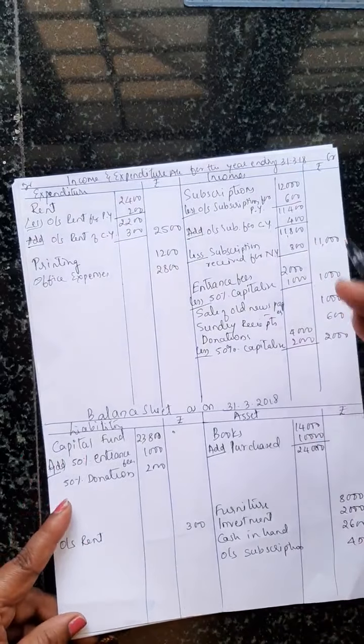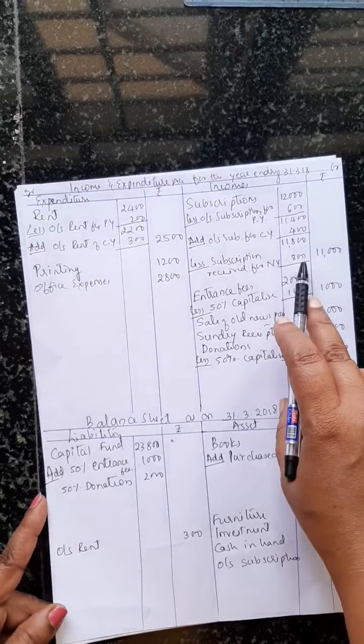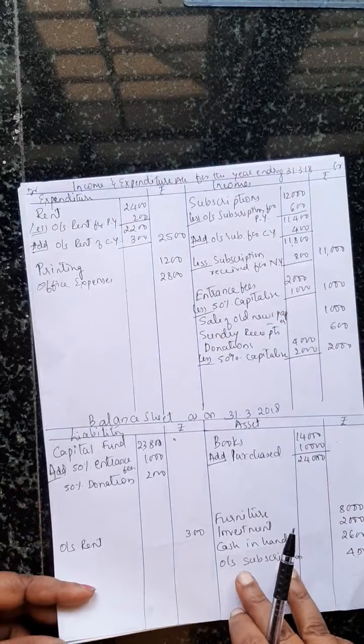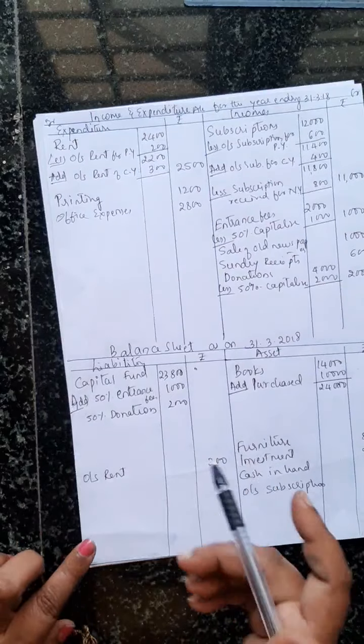Okay, so this we have entered here. This 400 we have entered here. And now this 800, which side? Subscription received for the next year. Advance income received, which side? Liability.